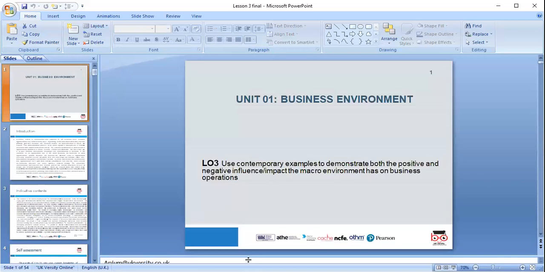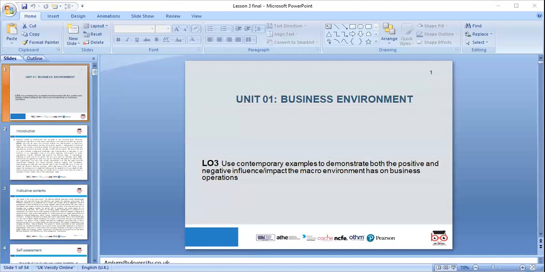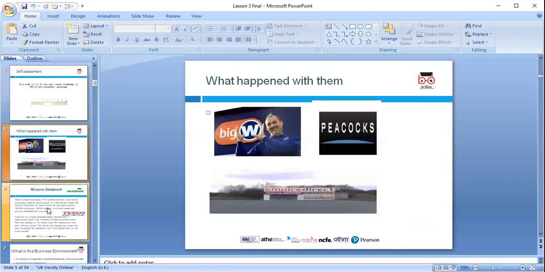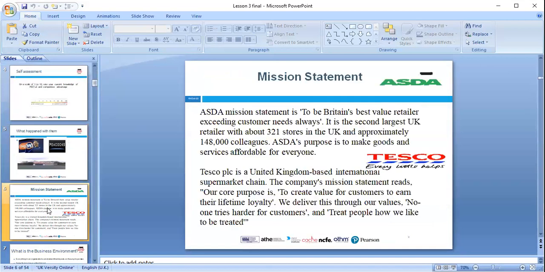Yesterday our lesson was lesson 3, and we really focused on the environment. Our key focus was the political, economic, social, and technological environment. We had a discussion about companies, why they were not sustained and why they went bankrupt.